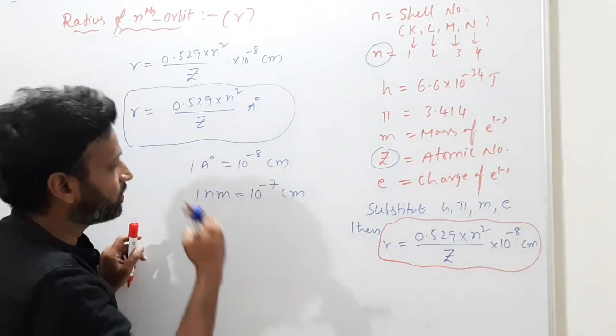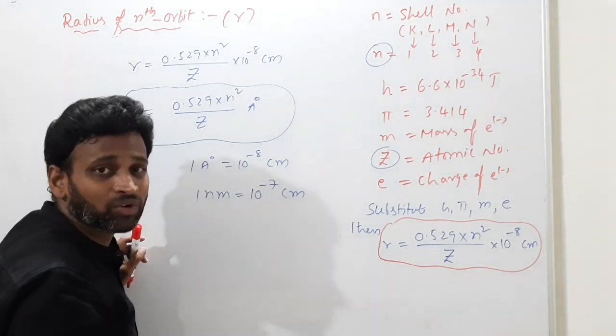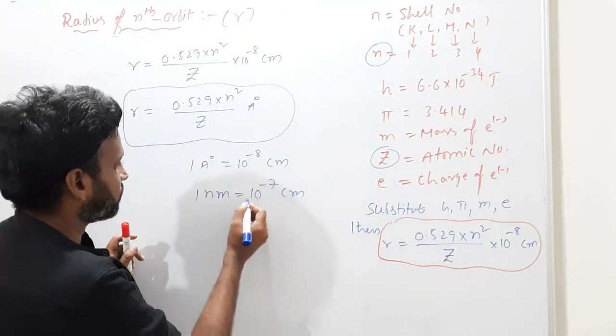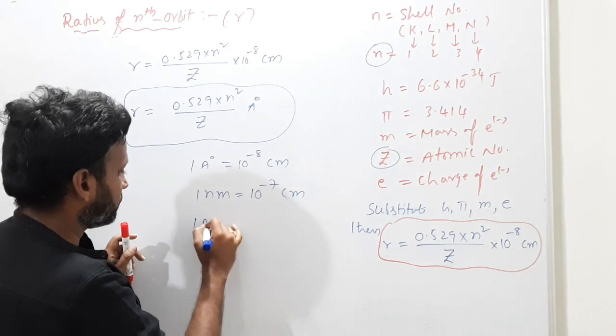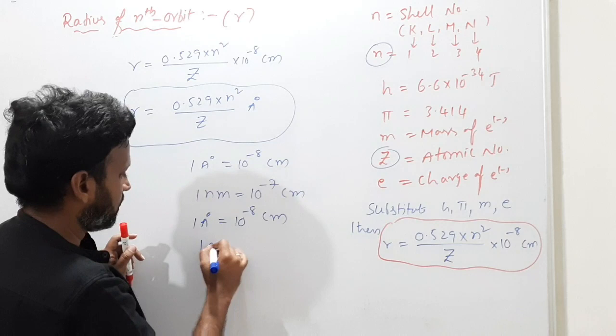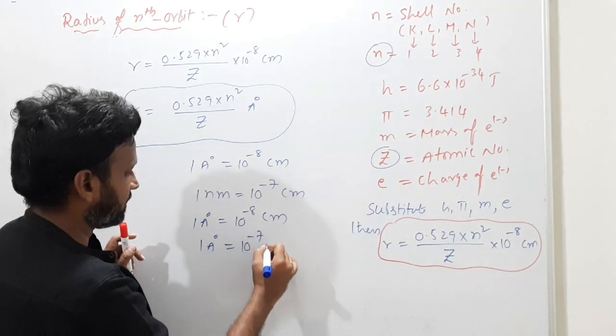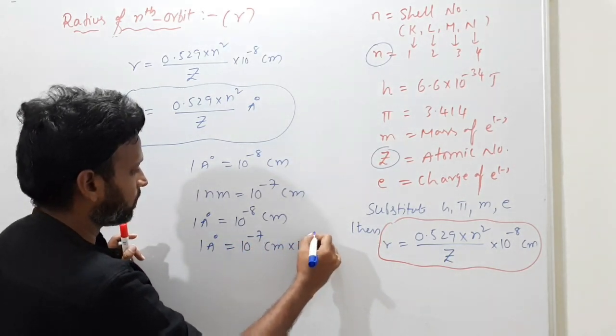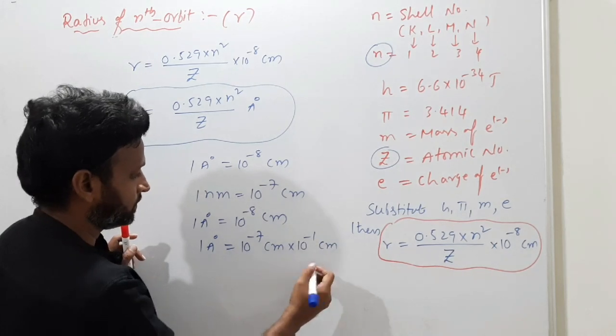Sir, you gave the formula in angstrom, but not in nanometer. You can take it now like this. 1 angstrom is 10 power minus 8 centimeter. That means 1 angstrom is 10 power minus 7 centimeter into 10 power minus 1. Correct?